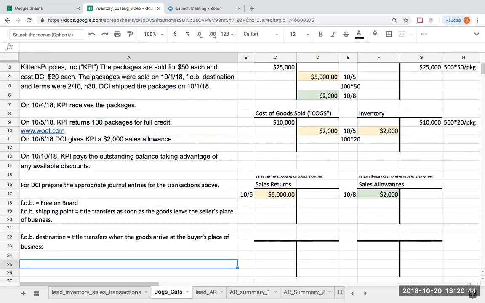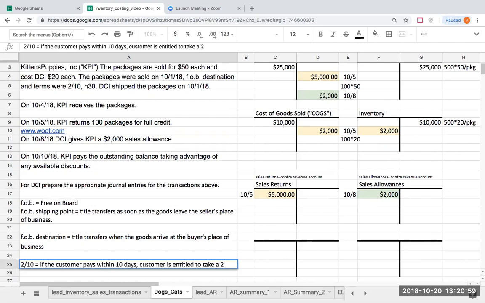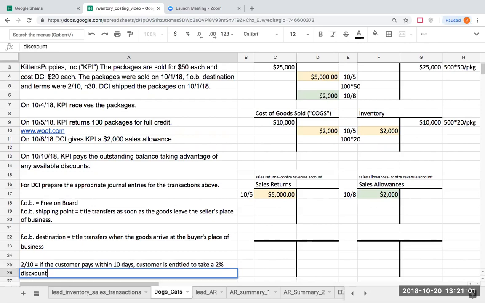Well, when I see 2/10, this means if the customer pays within 10 days, the customer is entitled to take a 2% discount off of the amount due.